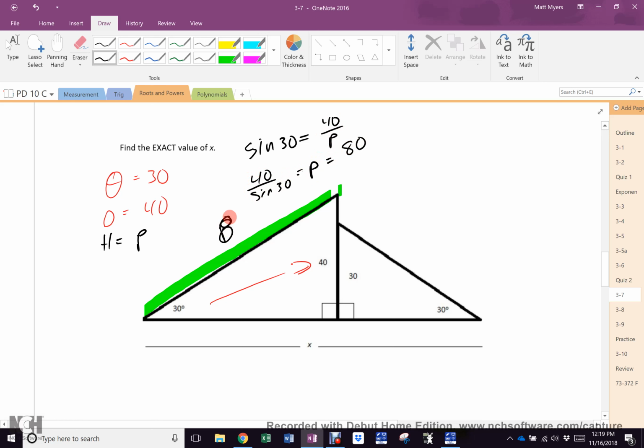Hey, that's a pretty exact number. That makes me happy. Hey, wait a minute. Isn't this the same thing? So what should I do? Same thing. 30 over sine 30 equaled what?